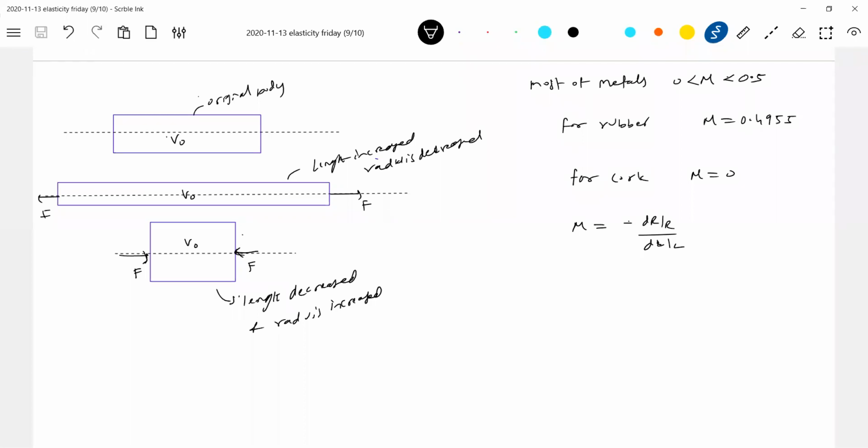I'm coming to the cork idea. Mu 0 means, what does it mean? If you produce a change in length, there won't be a change in radius. Are you getting? That is what I'm going to use for a cork.